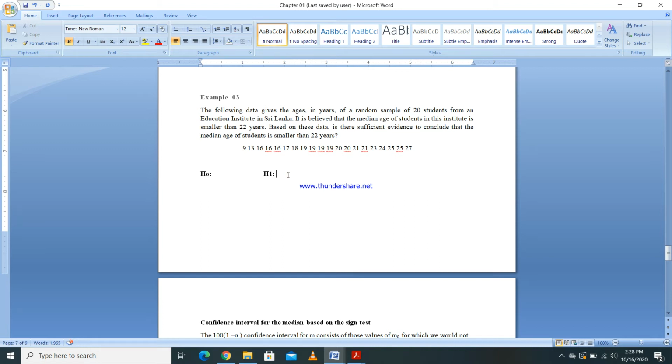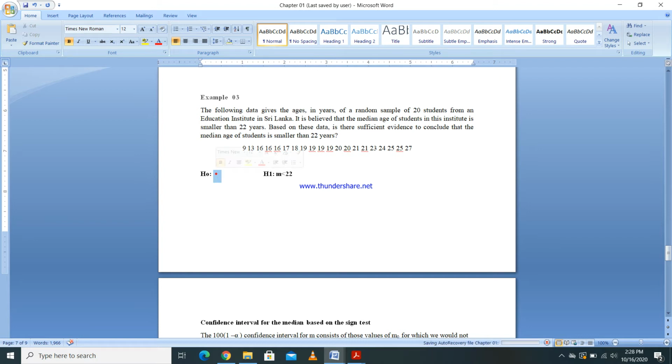If I take the median as M, we have to find whether M is smaller than 22. That is our claim, so you have to take it as H1. So M less than 22 would be our H1. The opposite of that would be the null hypothesis.